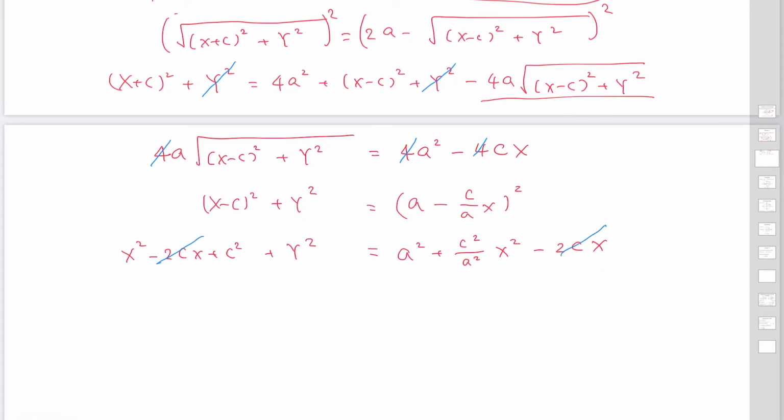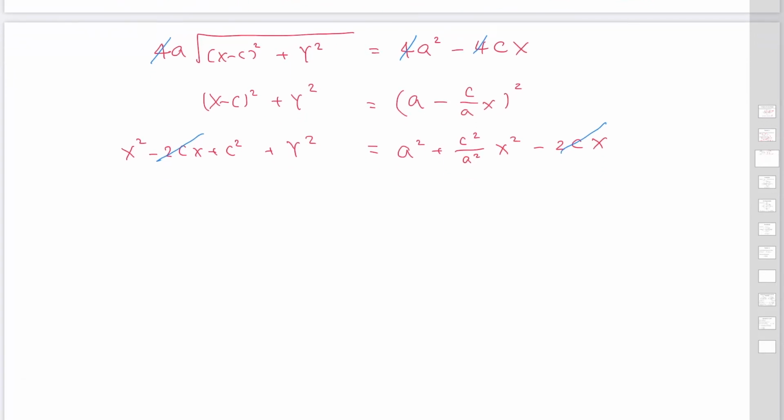Then it's going to be (1 minus c squared over a squared) x squared plus y squared equals a squared minus c squared.